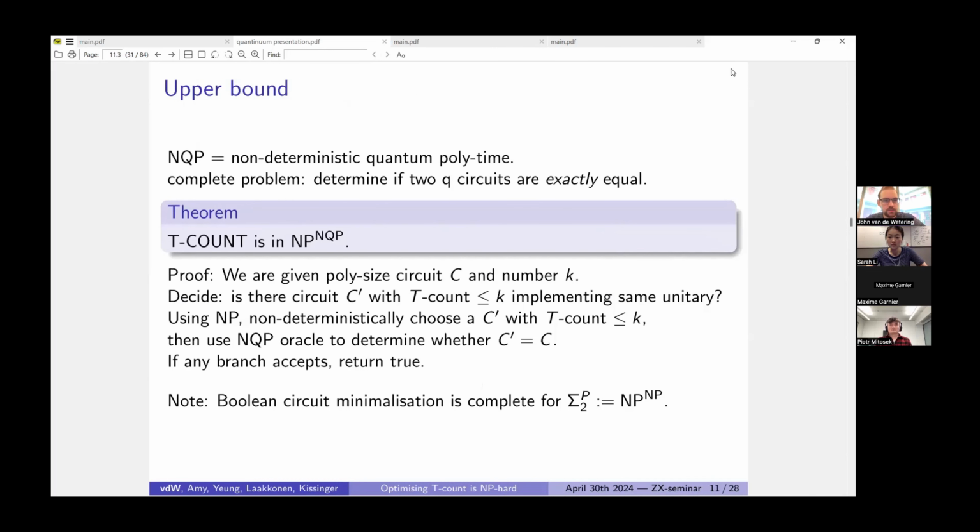So let's go back to the arguments. Now we are given a polysize circuit C, and we need to determine whether there is a circuit C prime with T count smaller than K, which does not implement the same unitary, but a unitary that's close enough. So now we are not determining whether two circuits are equal, we are determining whether two circuits are close.